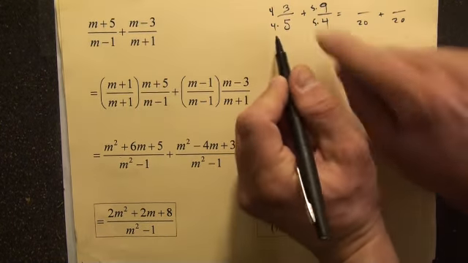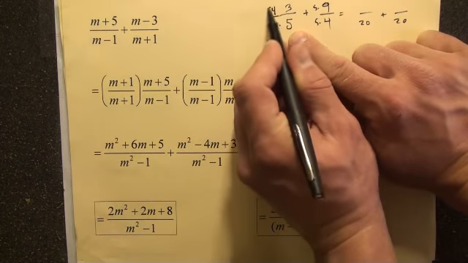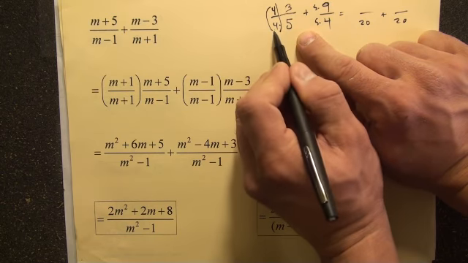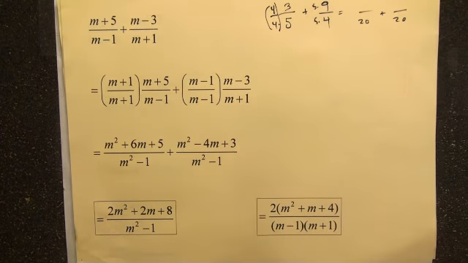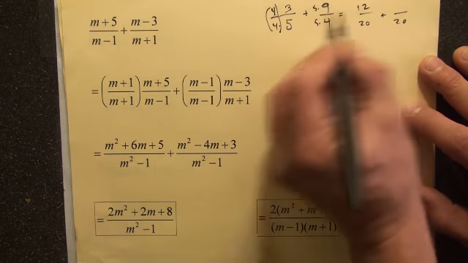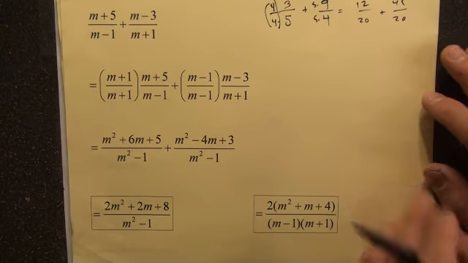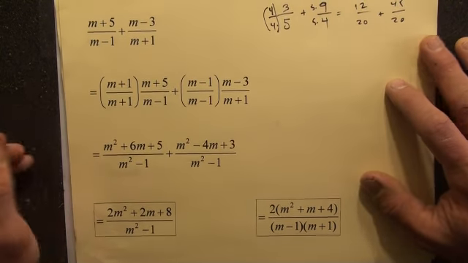Again, why are we multiplying this by 4? To make it 20. Why are we multiplying the top and bottom? Because you have to multiply each fraction by 1 so that it does not change the value of the problem. Then you get 12, you get 45, you add that up, you get 57 over 20, and you're all done.